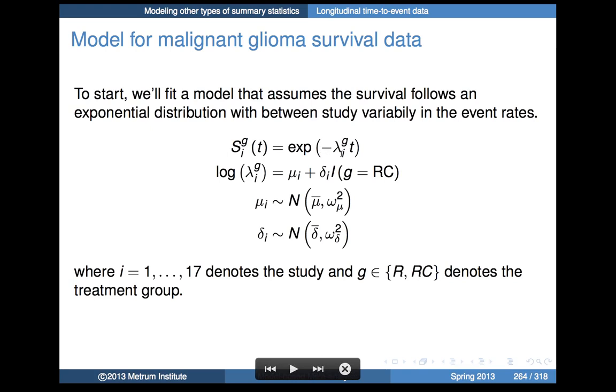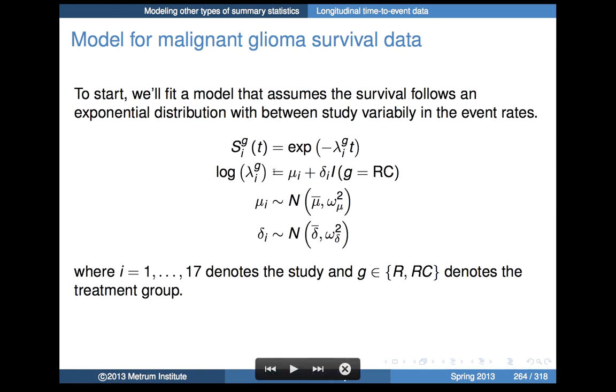So lambda_ig is the rate constant in group g in study i. And we'll build a model that says that the log of lambda_ig is equal to mu_i plus delta_i times an indicator for g being the radiotherapy plus chemotherapy group, or RC.